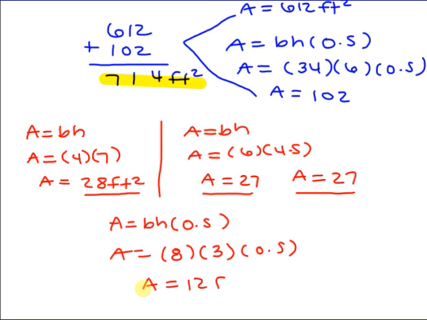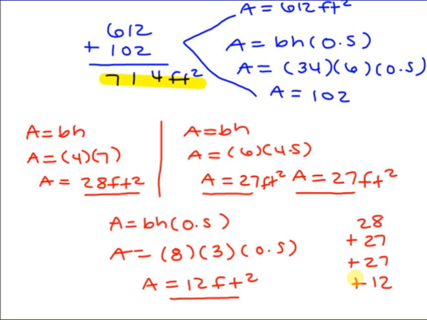When you multiply all of that together, you get 12 feet squared. Now, I need to add up my windows and doors together. So 28 plus 27 plus 27 plus 12. And you're going to get 94.